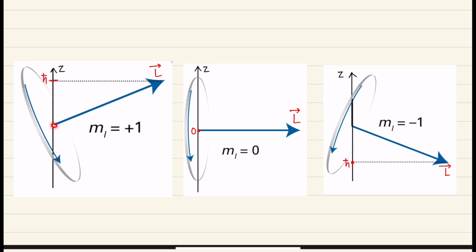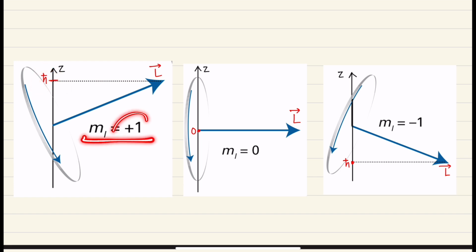The perpendicular direction for this plane is this direction. So this is your overall L vector. And now we have to take the component of this L vector on the z axis. If you take the component of this L vector on the z axis, and because this is a straight line, our z axis, you will get some value here, and that is your h cross.